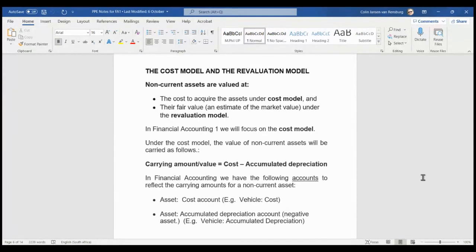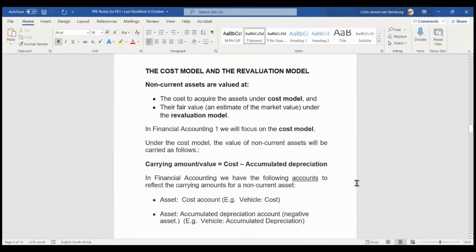So we are going to be focusing on the cost model, ladies and gentlemen, and a little bit later, we are going to see exactly how we determine the cost. We've actually spoken about that last week already, but later on today, when we deal with this document as well as the other document, we are just going to cover it more thoroughly.